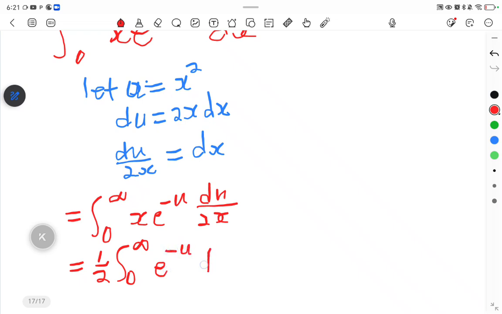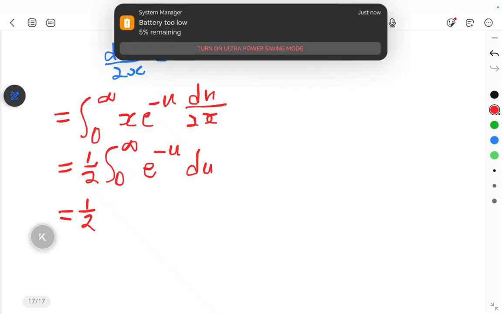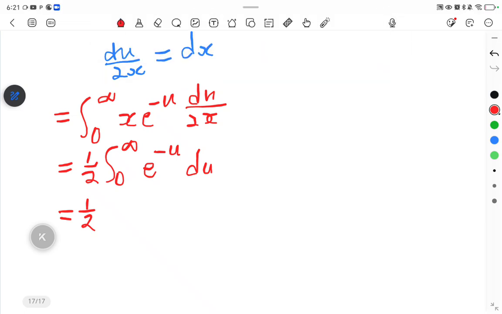So this is du. You remember how we integrate? We do the opposite of the derivative, right? Remember, to derive e to the u, we keep e to the u, and then we multiply by the derivative of the exponent, times ln e, which is the base.